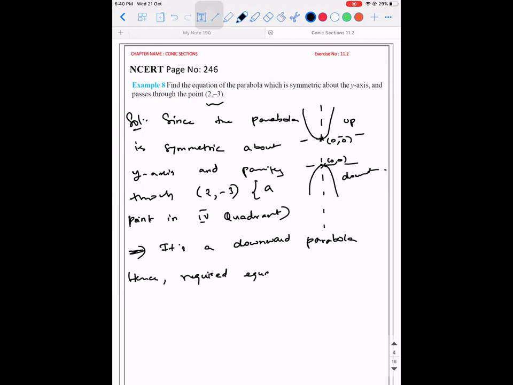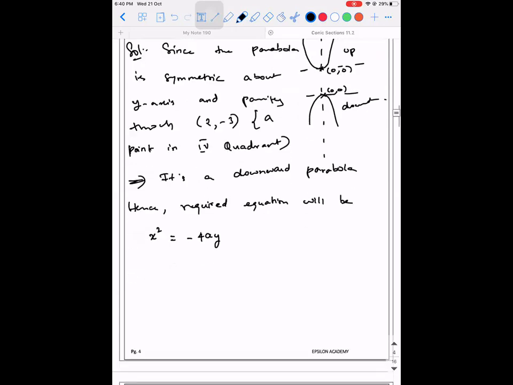Hence, what will be the required equation, guys? x square is equal to minus 4ay. Since (2, -3) is a point on it, take (2, -3) and substitute it here. So 2 square is equal to minus 4 into a into y, which is minus 3. What will be the value of a?